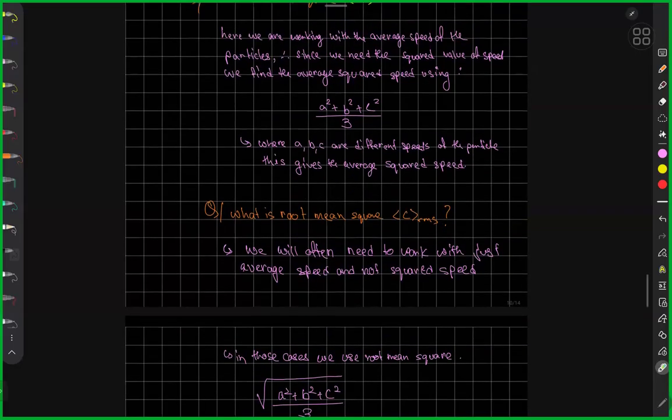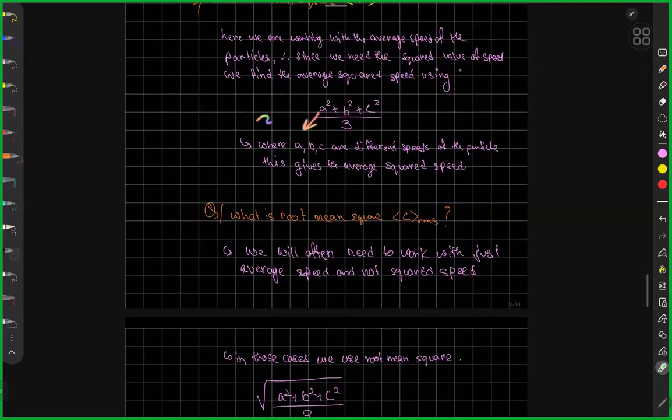So what did we do till this point? Let's say A is 2 meter per second, B is 2.1 meter per second, then C is 1.9 meter per second. Aren't all the particles moving with similar speed? Similar speed, not the same speed. In real life, all the particles will have some amount of speed distribution in them.